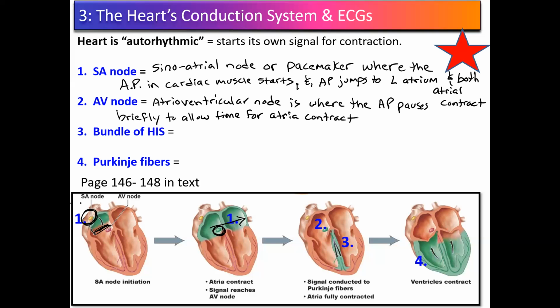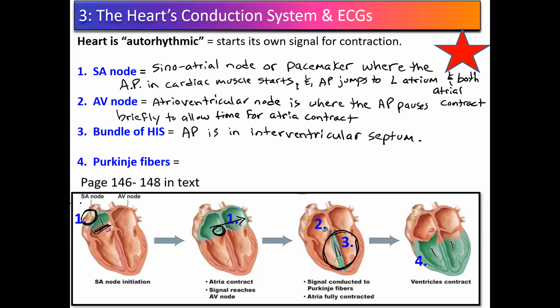So then it is step three, where the AP is in the interventricular septum. It's on its way to the ventricles.